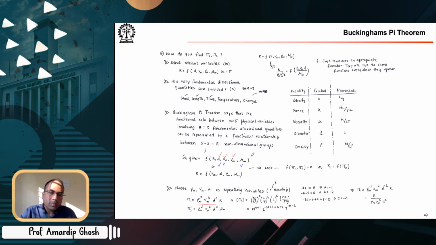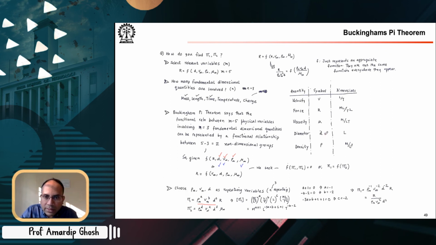However, the question is what happens if, instead of D, V, and rho, we choose D, V, and mu as repeating variables. First of all, let us see whether they satisfy the dimension requirement, that is, they contain all the fundamental dimensional quantities. So D has L. Sorry, let me switch to blue.